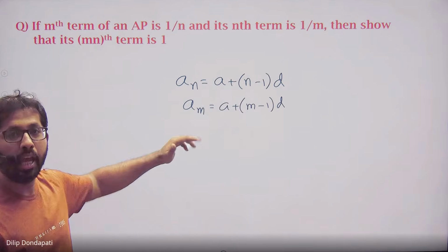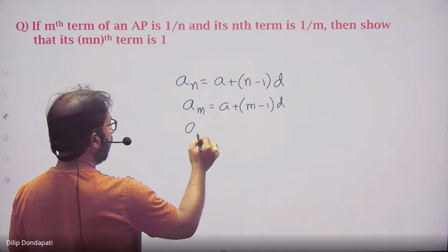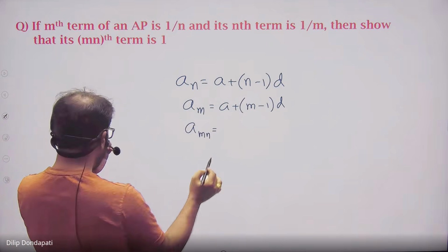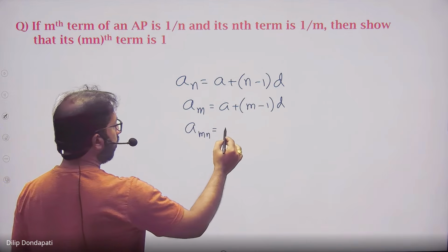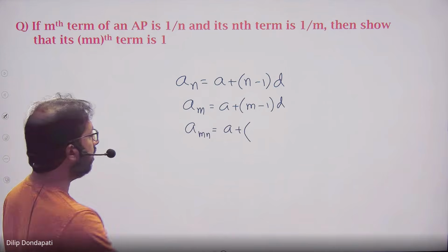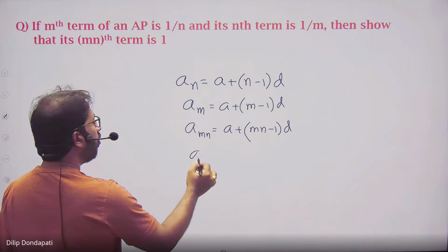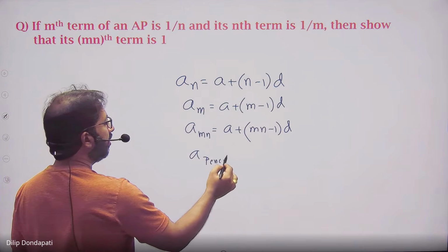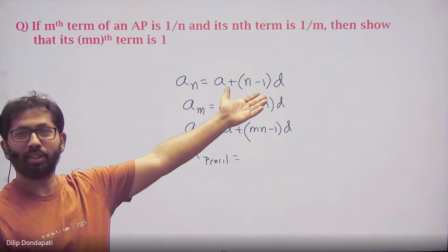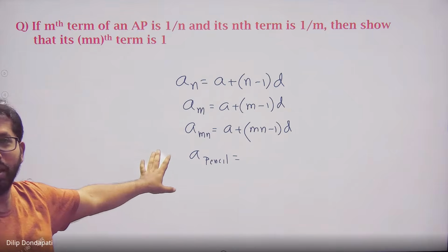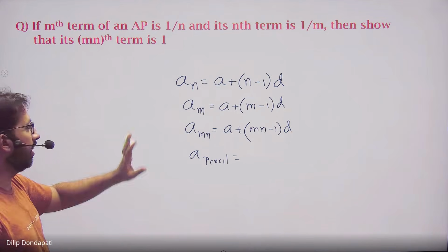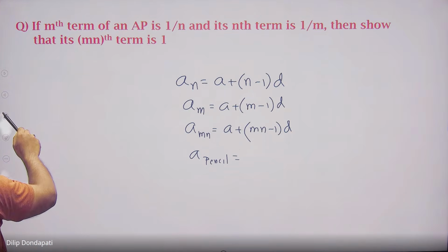If I ask pencil term, a plus pencil minus 1 into d. कुछ भी होने दो आपको ये यूज करना पड़ेगा. That's it. जो भी है वो डालने का. ओके ये वो गया तो ये क्वेश्चन आ जाएगा.